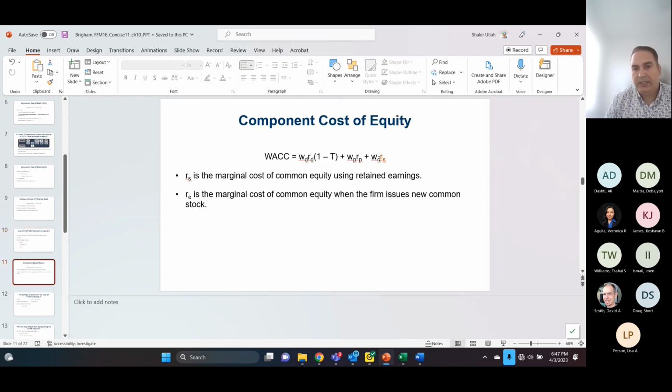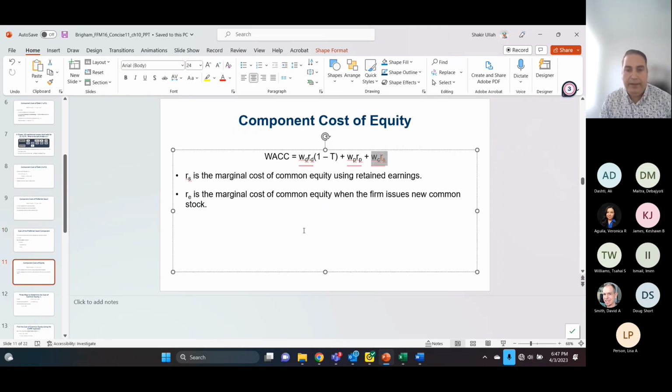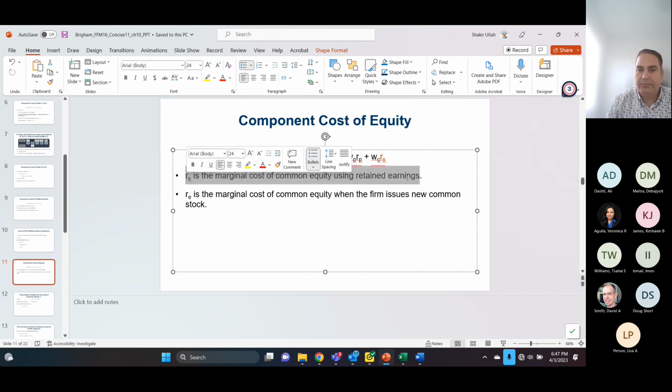The last one is the RS, or the cost of equity. And normally there are two things that we consider. RS is the marginal cost of common equity using retained earnings. So this RS is basically the cost of retained earnings. And as I previously told you, retained earnings is comparatively cheaper because we don't incur any additional cost on that.